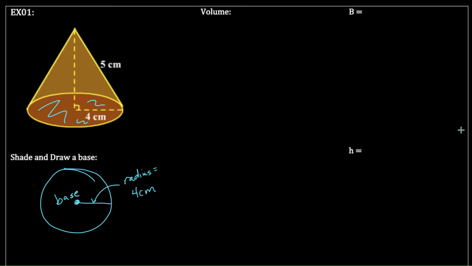And let's write our formula. V equals 1/3, capital B, and then H, in green. So, capital B is area of the base. I want to remind you that capital B is area of the base.